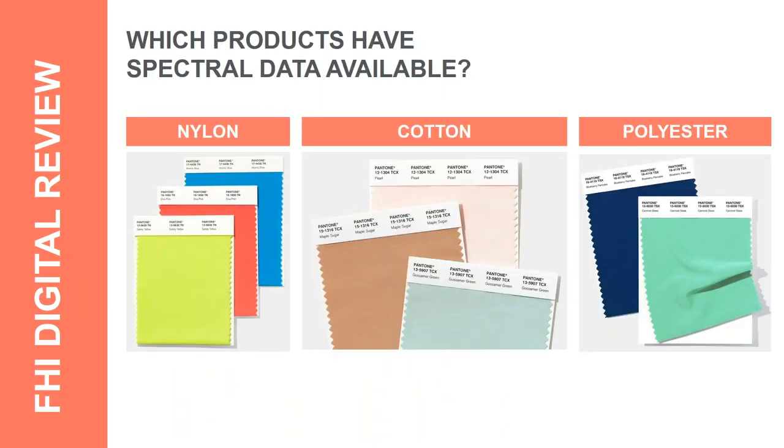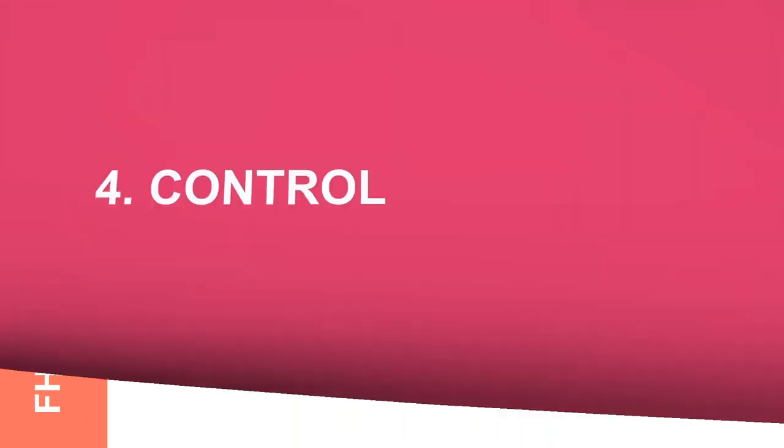So the nylon, cotton, and polyester libraries all have spectral data attached to it. So for just a fraction of the cost of the swatch itself, you can have that digital data and use that now to verify and communicate color with your partners.